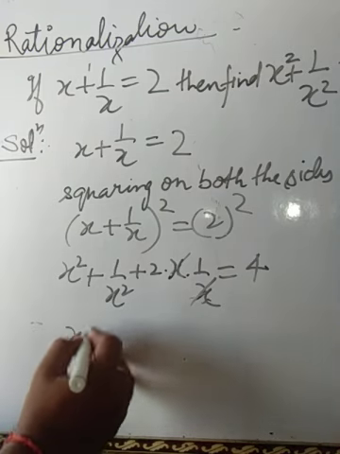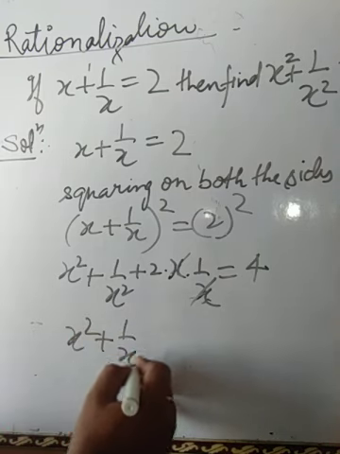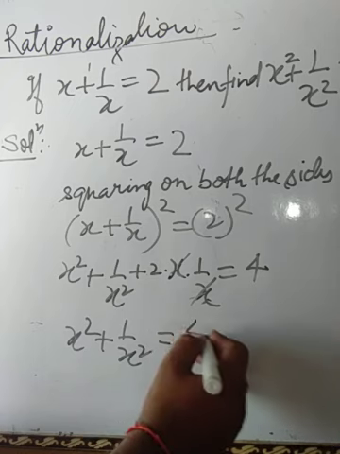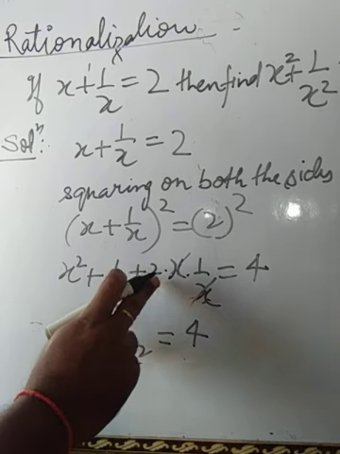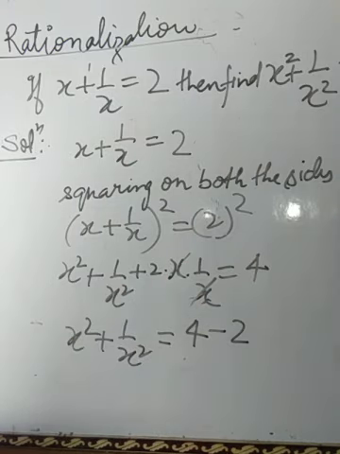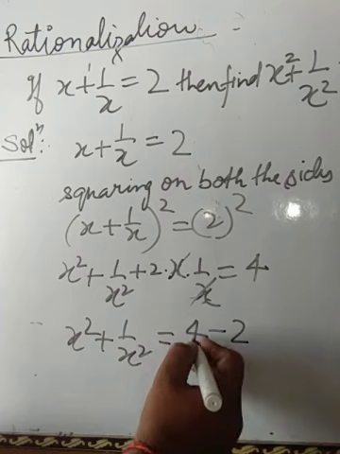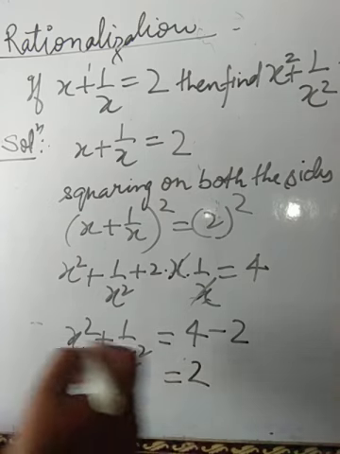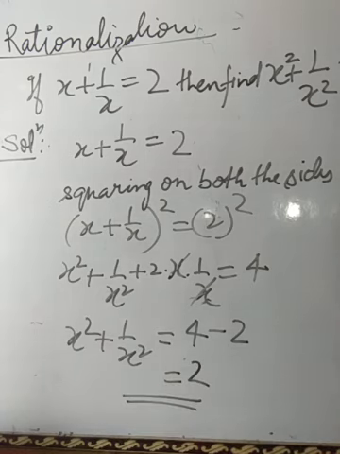So this is x square plus 1 upon x square, and this is 4, and the remaining is 2. So I am going to transfer this numeral value 2 to the other side. After transferring, that will be minus 2, and as a result this will be 4 minus 2, that is 2. This is the way to solve such questions.